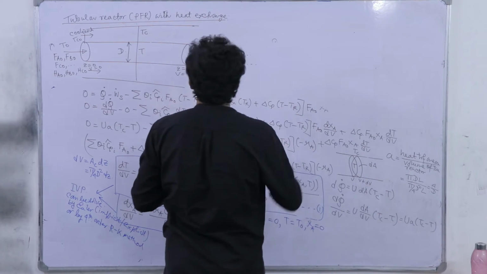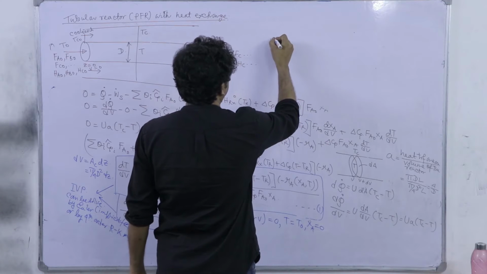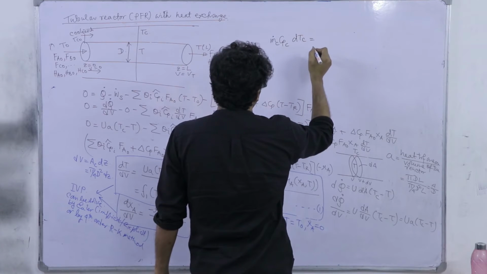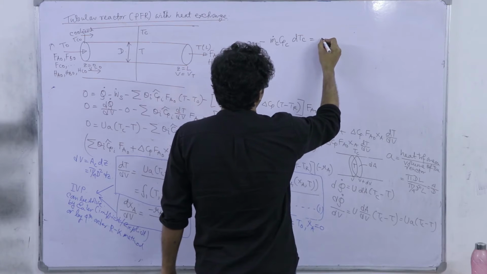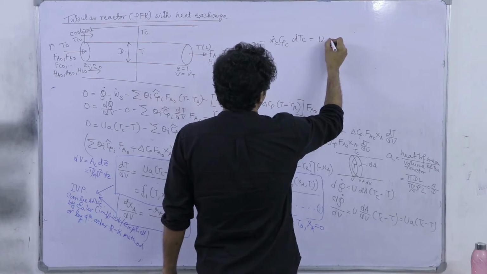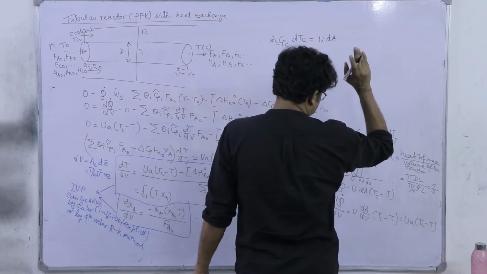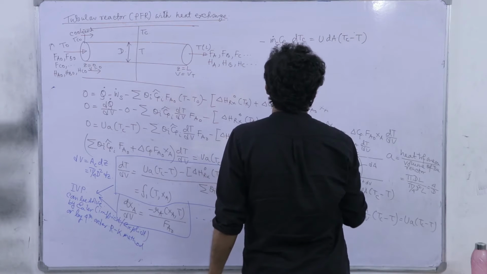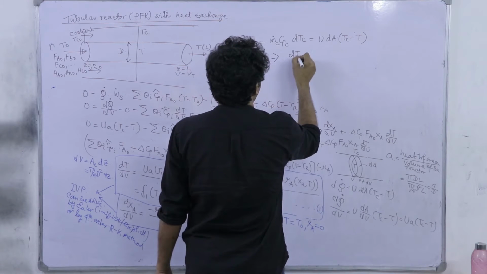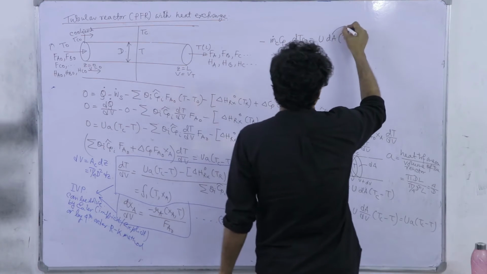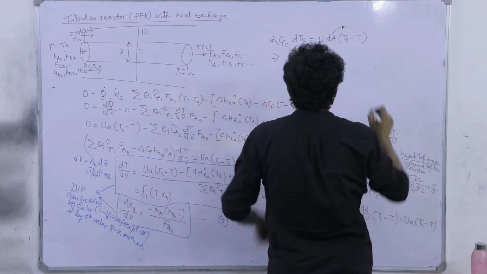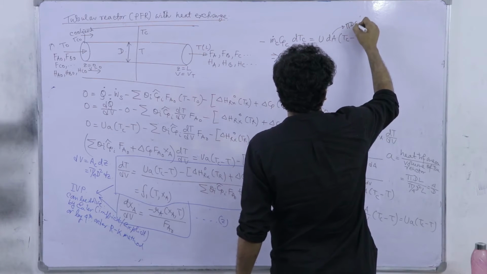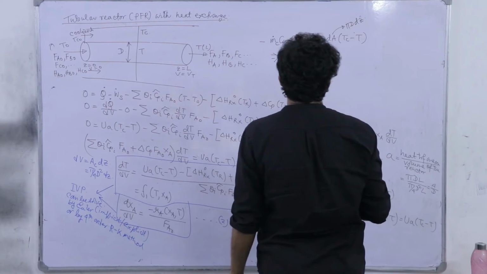The coolant is losing heat, so m dot c Cpc dTc is equal to, with a minus sign, since it is losing heat, U into dA into Tc minus T. So dTc by dA, dA we can write as pi into d into dz, and you can change it to dV as well.